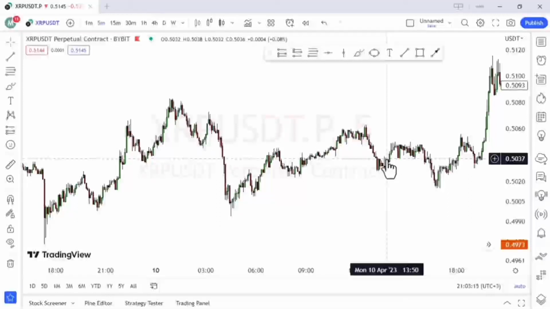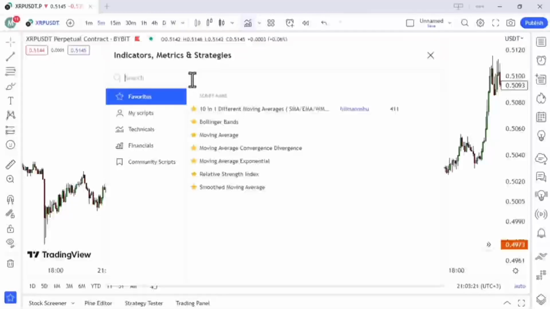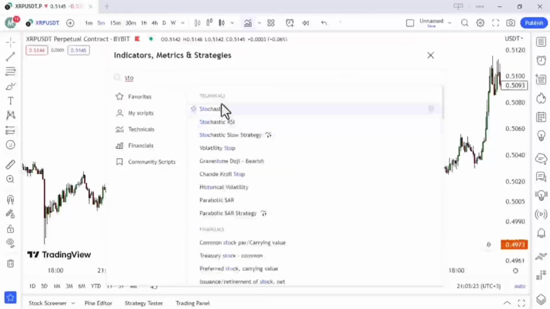Just like before, we're going to click here on the indicator part and simply write down stochastic, this one here. We have lots of them, and you can see here a stochastic RSI, which I'm going to talk about later on. So stick with me until the end of the video. We're going to talk a lot about these two.